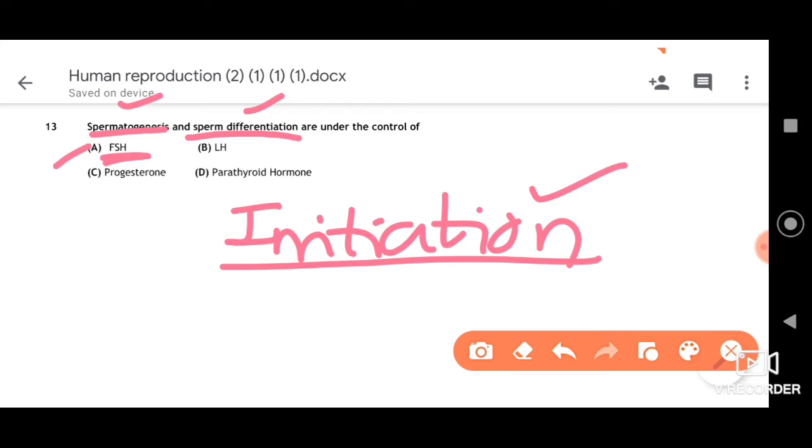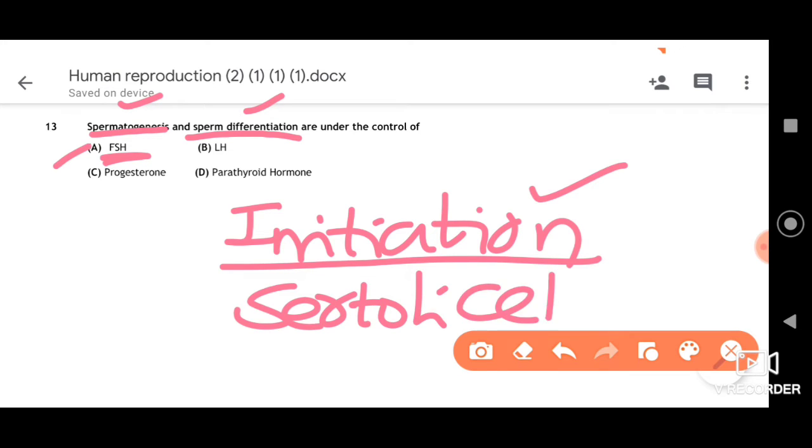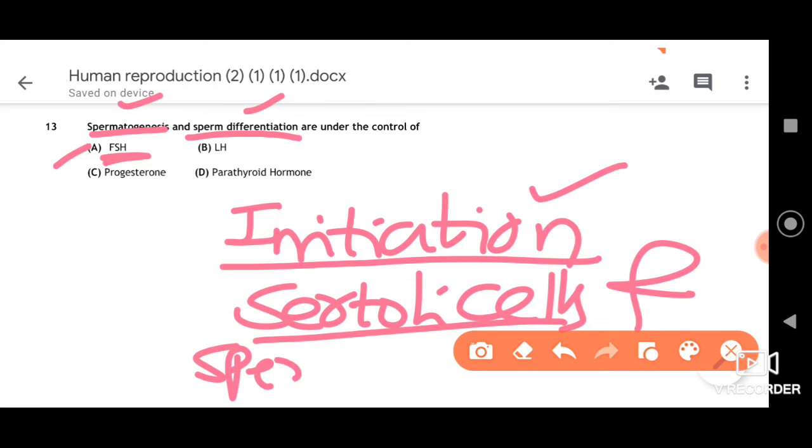Further, it is also needed for sperm differentiation. This FSH binds to Sertoli cells, or nurse cells, as you call them, dear friends, and also to the spermatogonia.